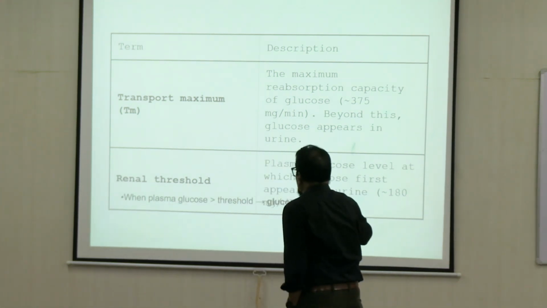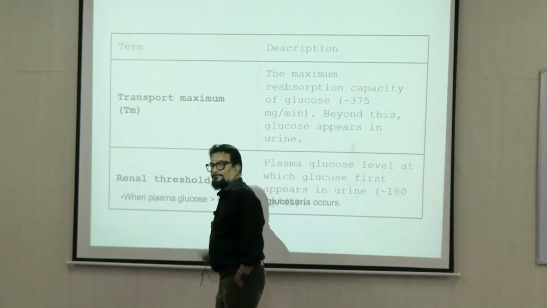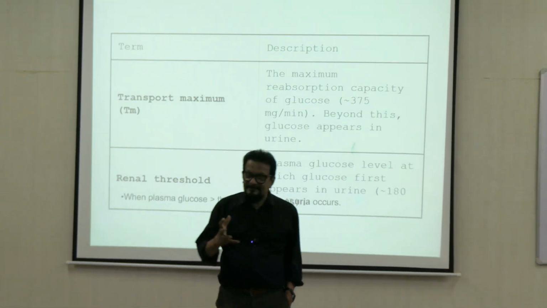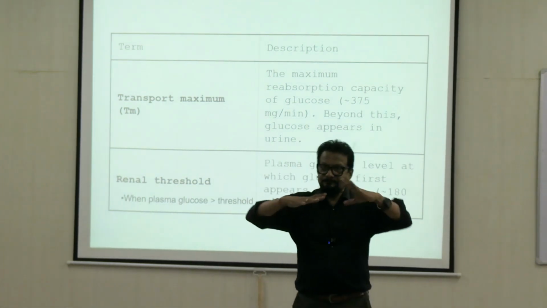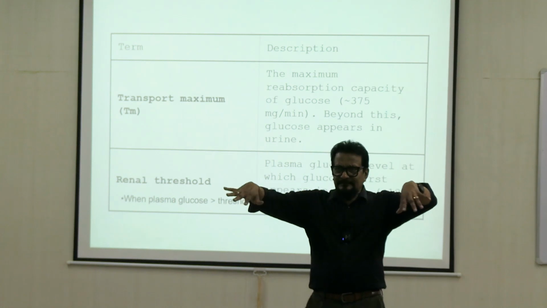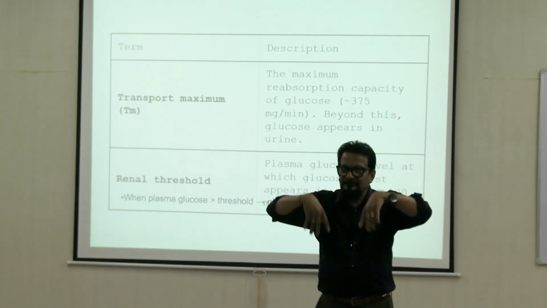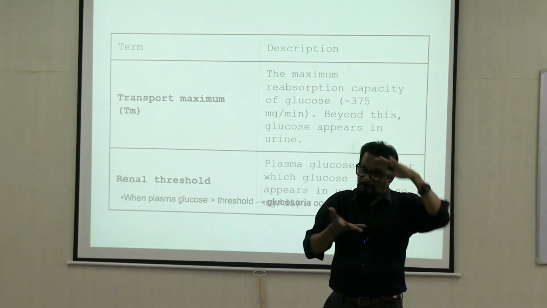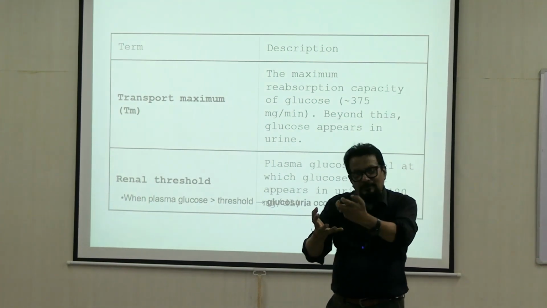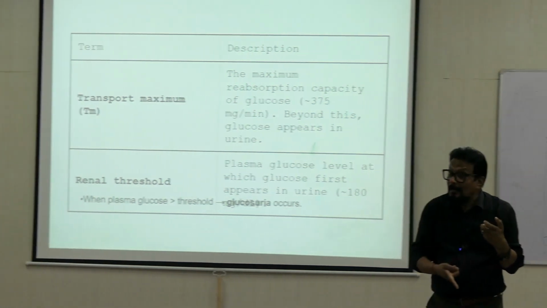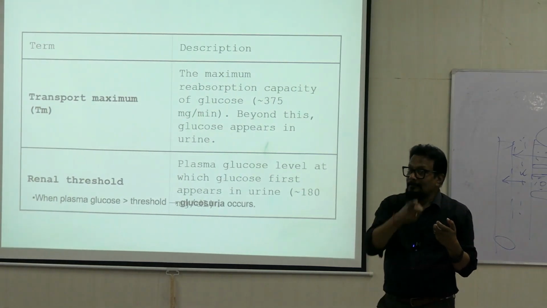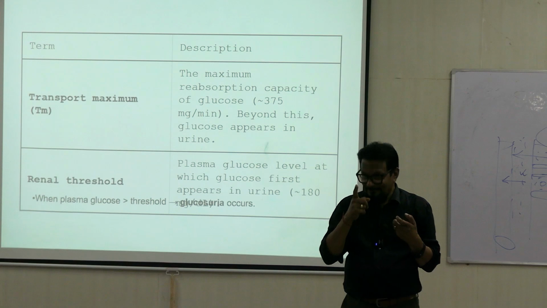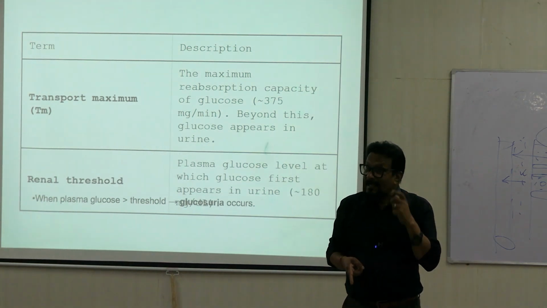So there is a threshold condition. See, all glucose is filtered. Now, the proximal tubule has to reabsorb it through the receptors, through the SGLTs.